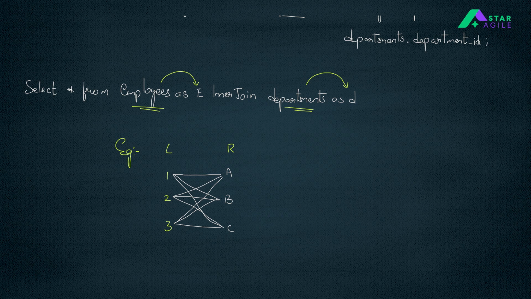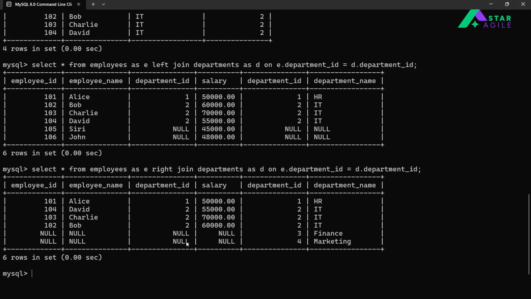Now execution wise, if I show you this: select star from employees cross join departments. For the cross join there is no need of the common column condition.